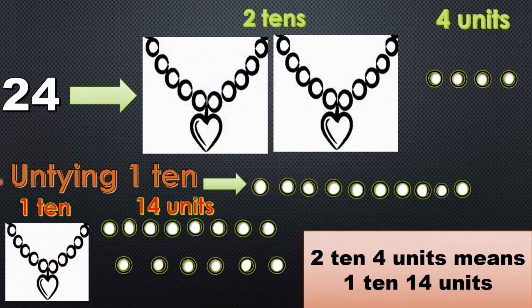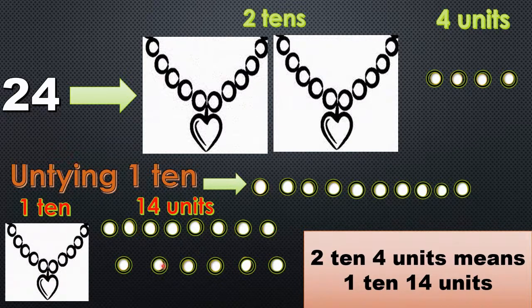If we untie 1 ten, how many beads are here? 1, 2, 3, 4, 5, 6, 7, 8, 9 and 10. It means 1 ten is remaining here and 1 ten we untie.